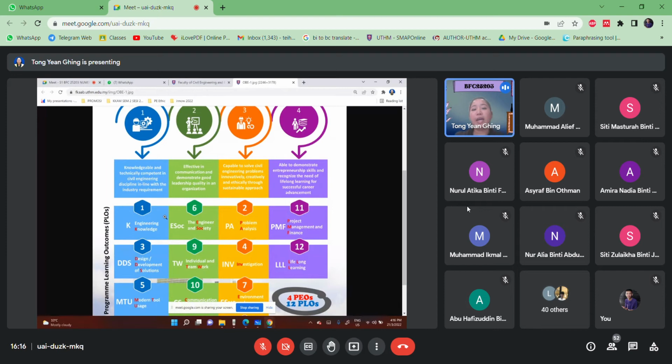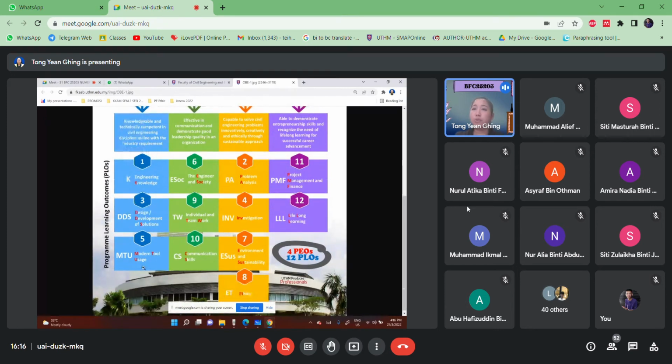PLO5 is modern tools usage. That means you have to use either PowerPoint or anything, maybe MATLAB if you want to do it in your project. We didn't teach you, but you have to apply it when you are doing your project. Maybe you will have to learn how to make a video using modern tools. And the last one is lifelong learning. These 3 PLO are what we'll cover in this course.